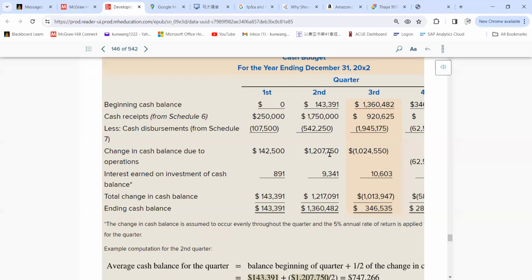The first two quarters are positive because we don't have many expenses or cash payments. But in the third quarter, you can see we have a negative change, because the receipts are less than the disbursements. But that's fine because we have cash accumulation from the first two quarters, so you still end up positive.